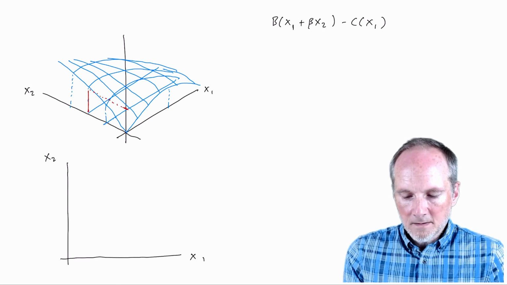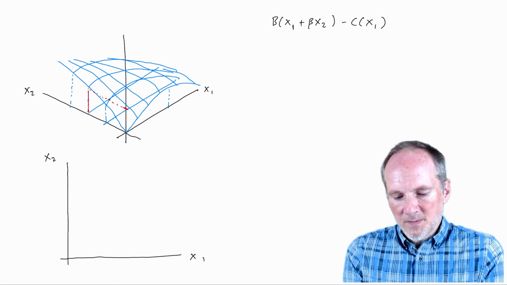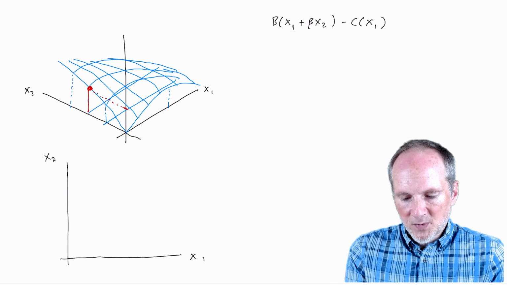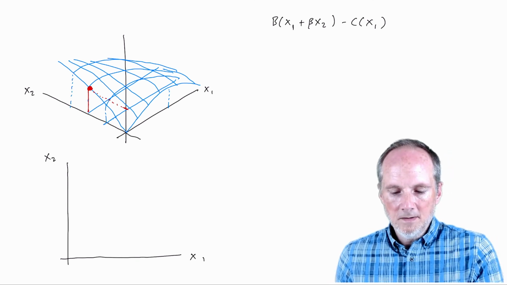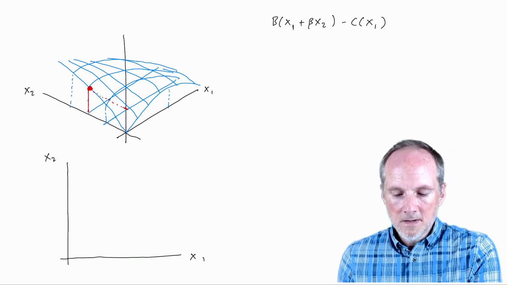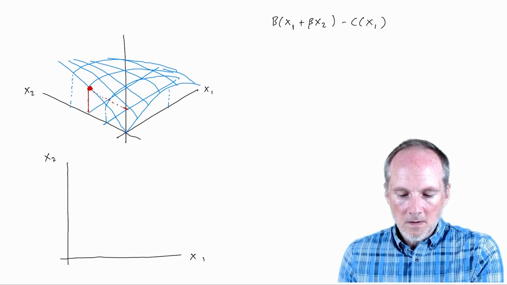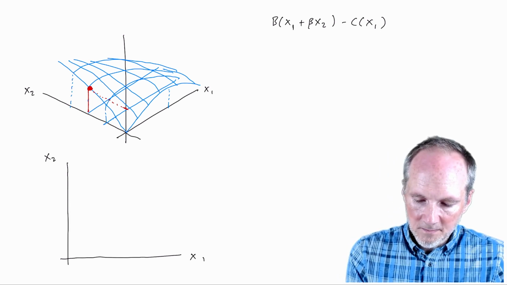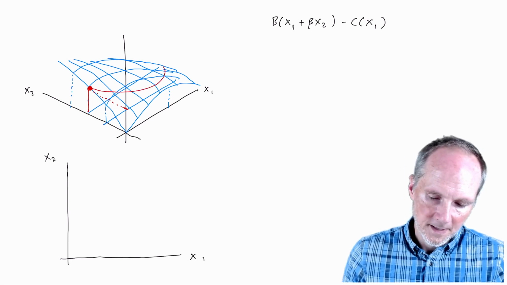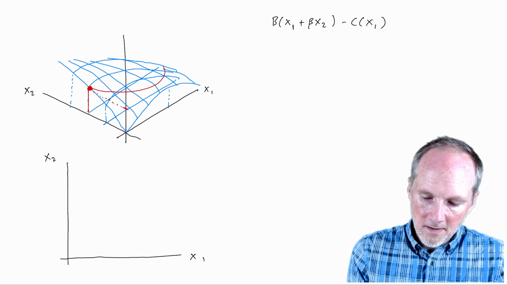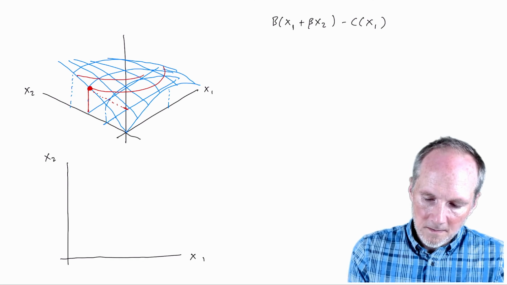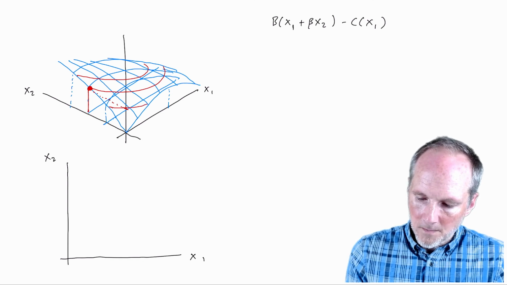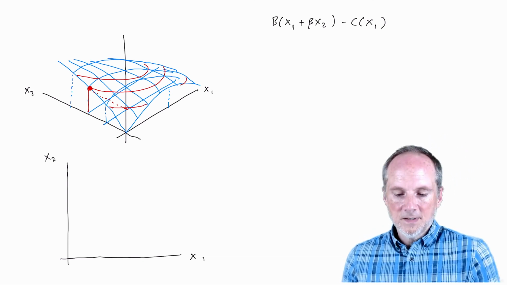Now just imagine starting at this point here on this hill and then walking around the hill, but maintaining that altitude. What would that curve look like? Well, it's going to come around like this and then like so. And all of these are going to have this kind of shape.